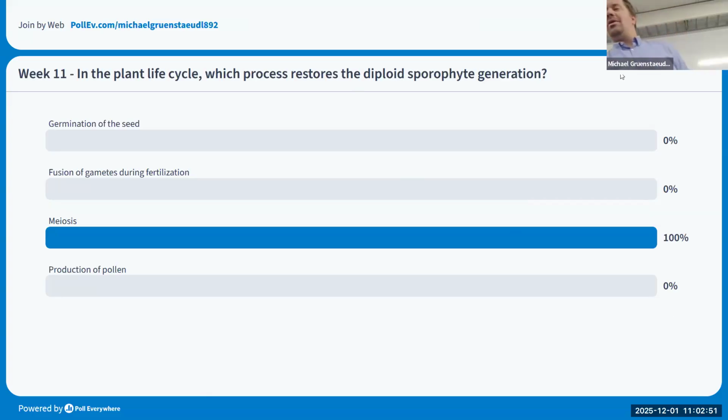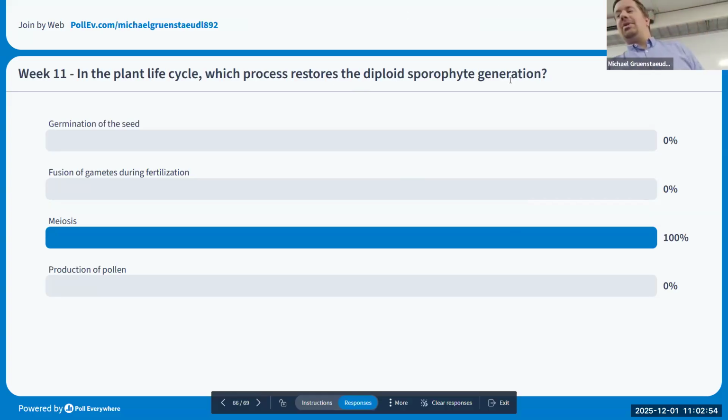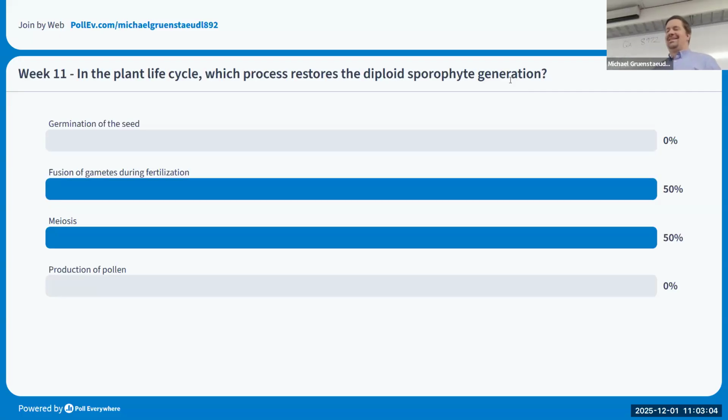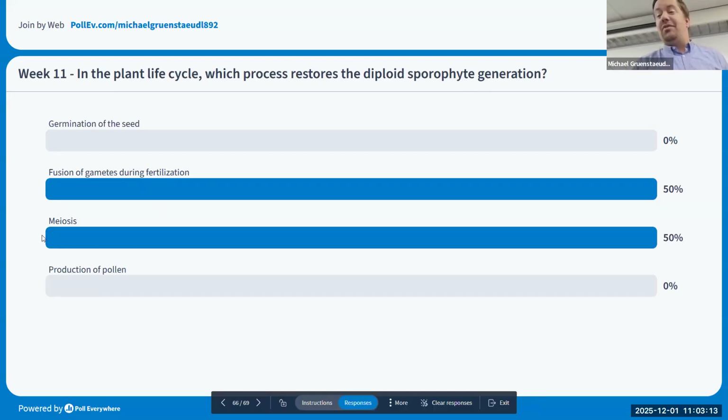Now we are looking for the process that restores the diploid stage, that produces the little zygote here in the ovules. Exactly. It's the fusion of the gametes that produces the sporophytic stage. So whoever voted for meiosis, nope, you might want to retract this and put your vote up here.